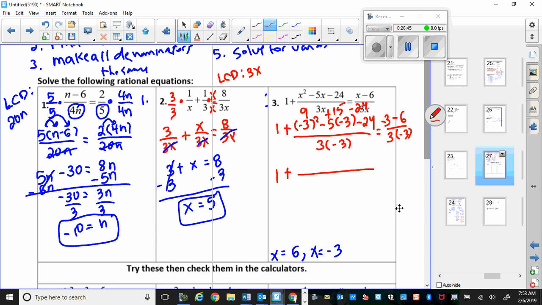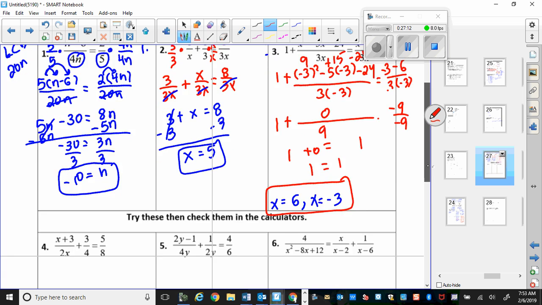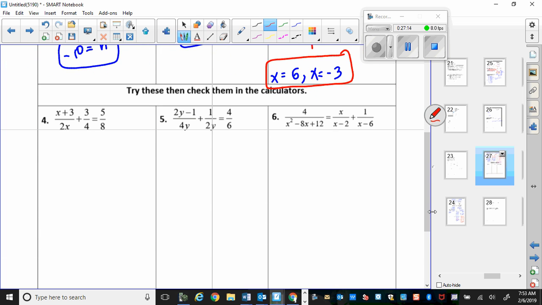So 24 minus 24 is 0 over 9. And negative 3 minus 6 is negative 9 over negative 9. So I have 1 plus 0 equals 1, or 1 equals 1. So both of these solutions pan out. They work out. Okay? So you check 4, 5, and 6 on your calculators.